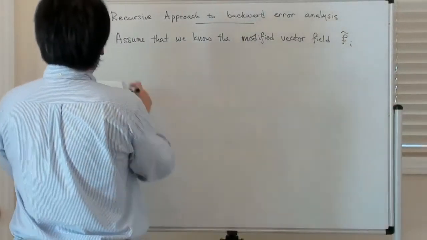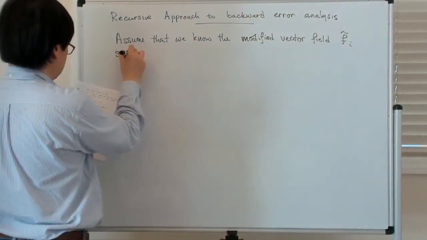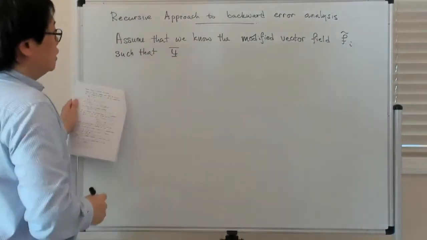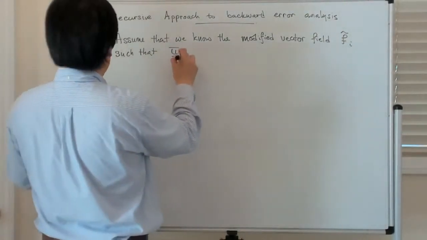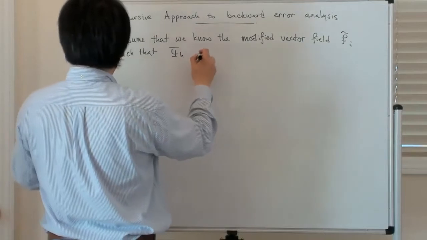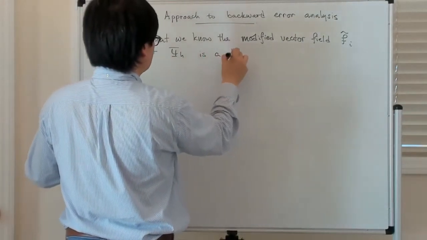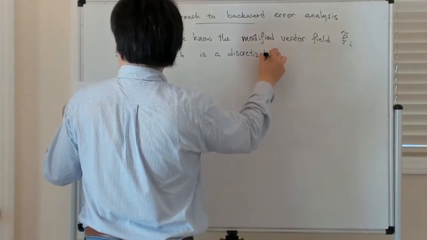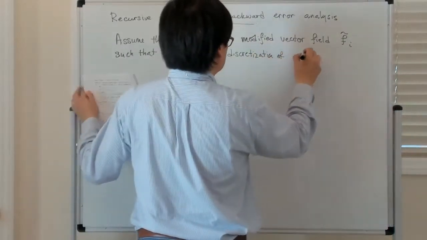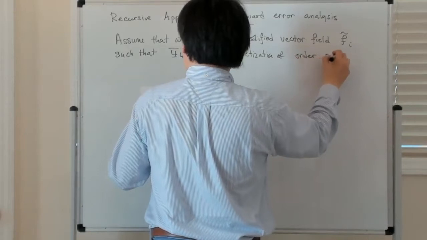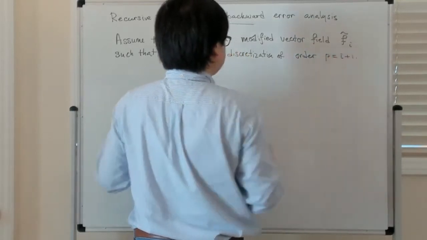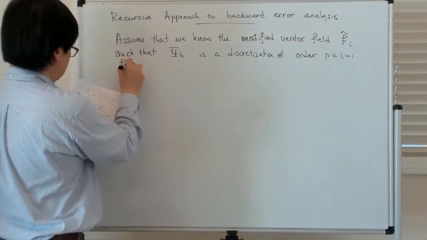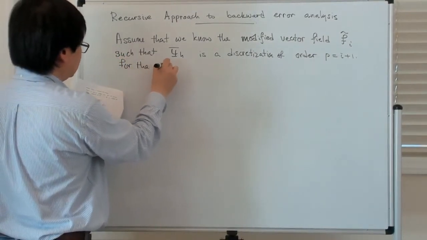Okay, such that the numerical method, the one-step method psi h, is a discretization of order p equal to I plus 1, for the modified equation, for the modified ODE.